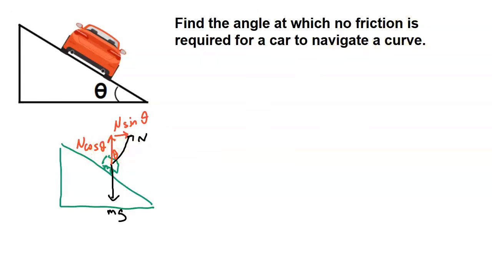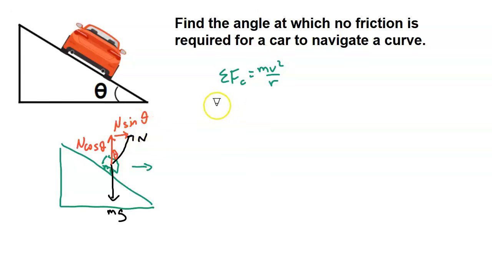And once again, we're going to set up our centripetal force equation, which is net force centripetal equals mv squared over r. So this is going to circle this way, and so toward the center, it's going to be in this direction. That's going to be towards the center right here. So the force that's towards the center is going to be n sine theta.